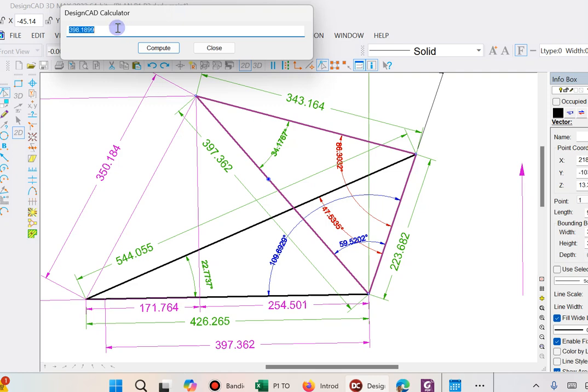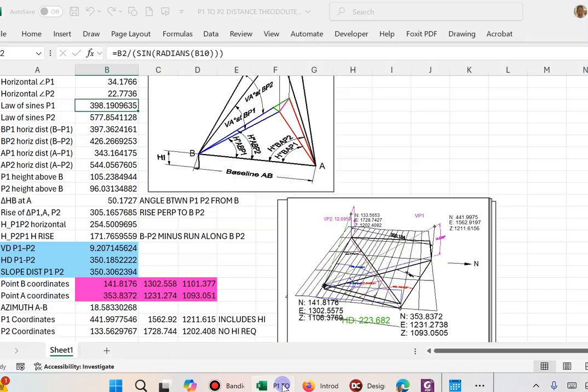That gives 398.18, or I put 398.19. I'm not sure why I got a little difference there, but that's the law of sines. That's what you're going to get, right?